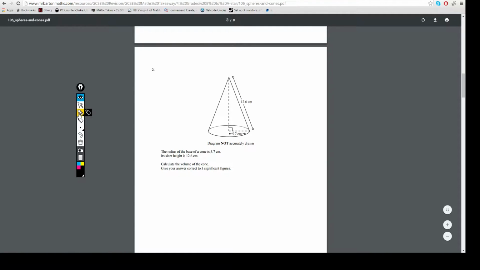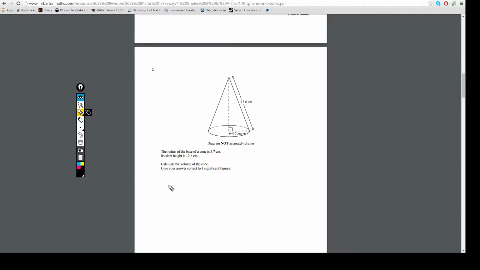So we're going to have to use a formula right here because we're working out the volume of a cone. This will be given on your exam formula sheet, and it's 1/3 times area of base times vertical height.